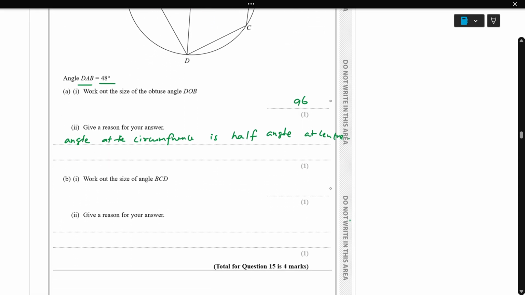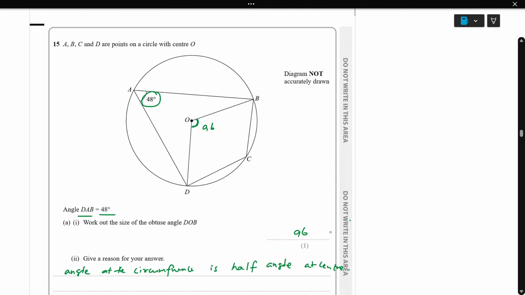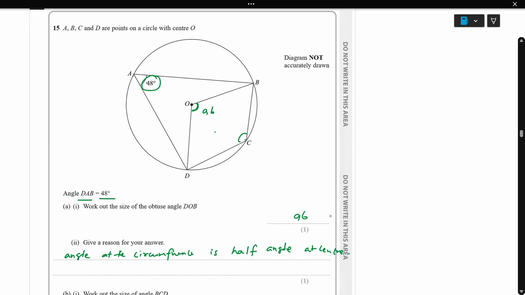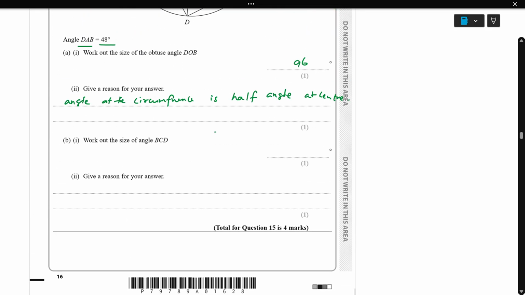Okay, that's the reason. Next, work out the size of angle BCD. BCD is going to be here. ABCD is a quadrilateral, so the opposite angles add up to 180 degrees. So this is 180 minus 48, which is 132.